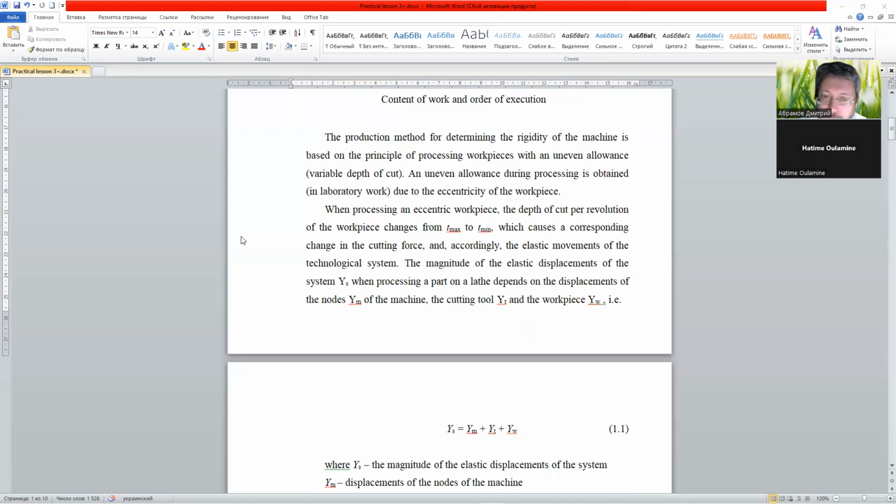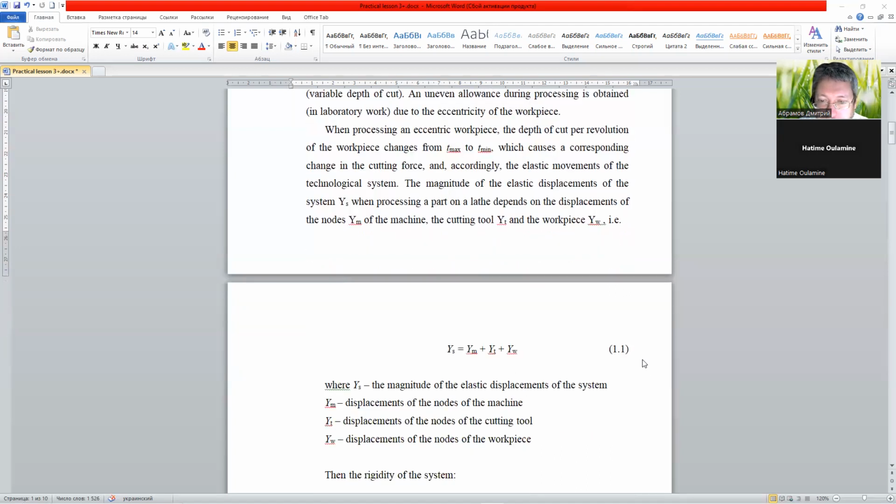The magnitude of the elastic displacements of the system, y_s, when processing a part depends on the displacement of the machine nodes y_m, the cutting tool y_t, and the workpiece y_w.